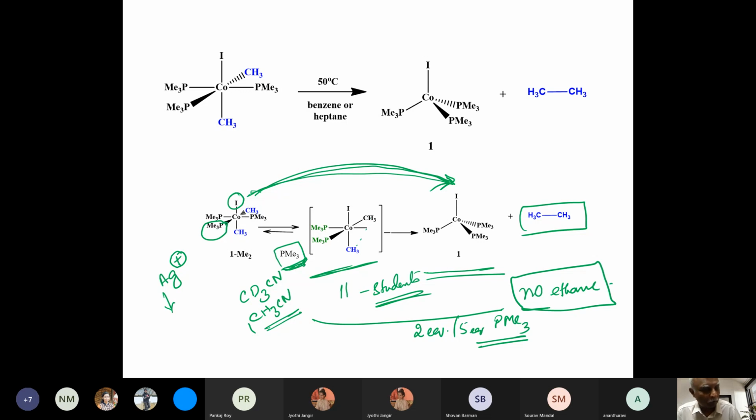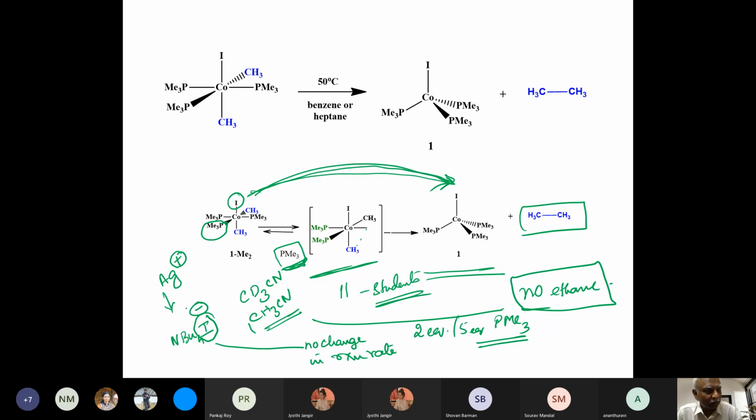If you added NBu4I, no change in reaction rate. So what this tells us is, if you have I- in excess, no change in reaction rate. So I- is not coming out, PMe3 is coming out.